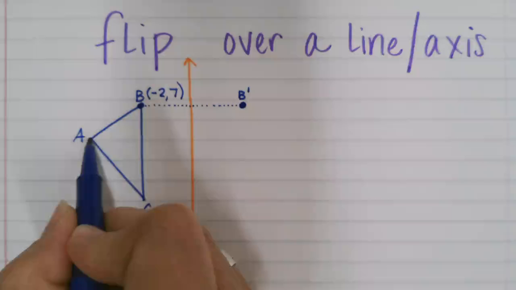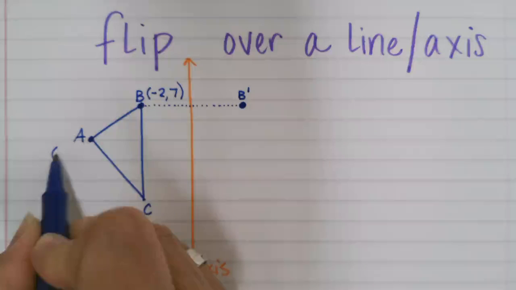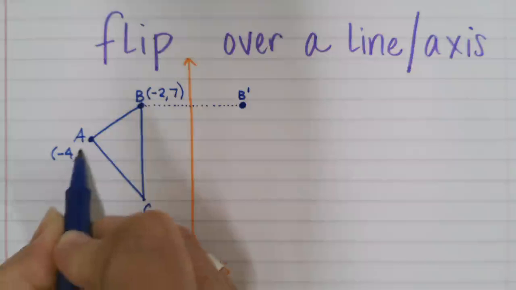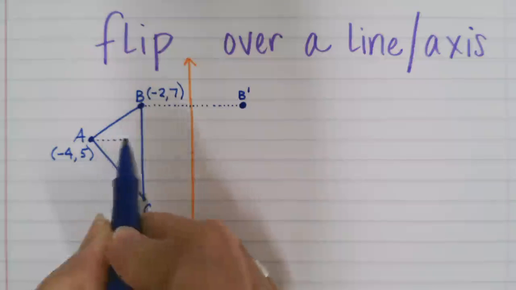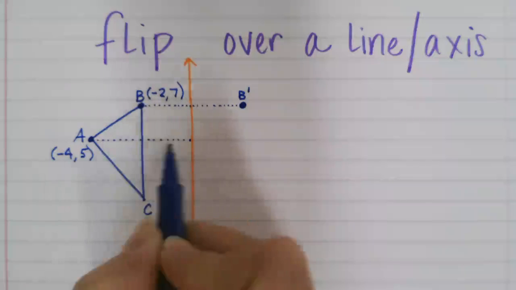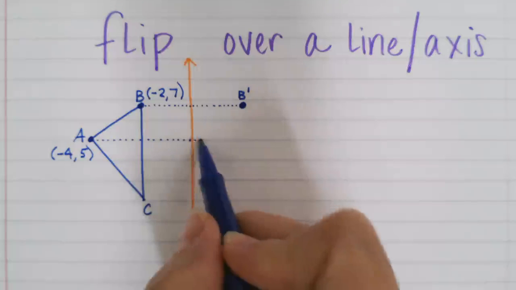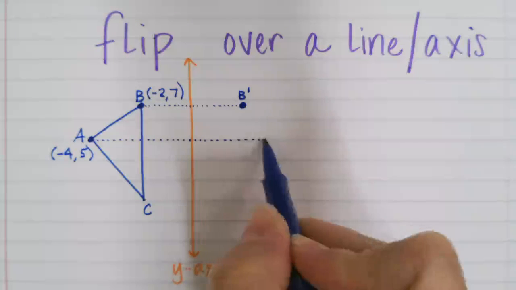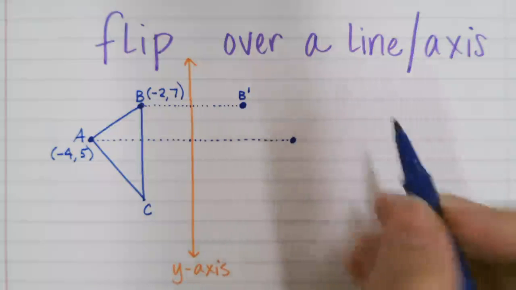All right, so let's go to point A right here. Let's say this one is -4, 5. If this is this distance on the left, its reflection is going to be that same distance on the right.